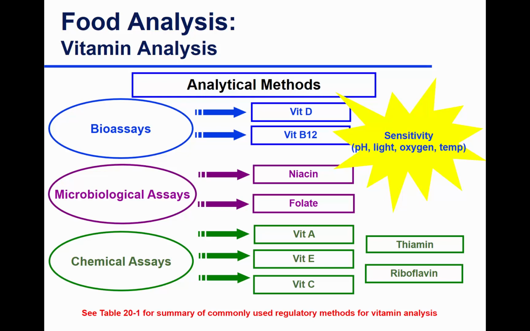Yes, sensitivity. So I was saying that vitamin C is sensitive to alkaline pH; under alkaline pH, it's more prone to oxidation. Light: riboflavin, for example, and vitamin A are very prone to UV light, especially riboflavin.